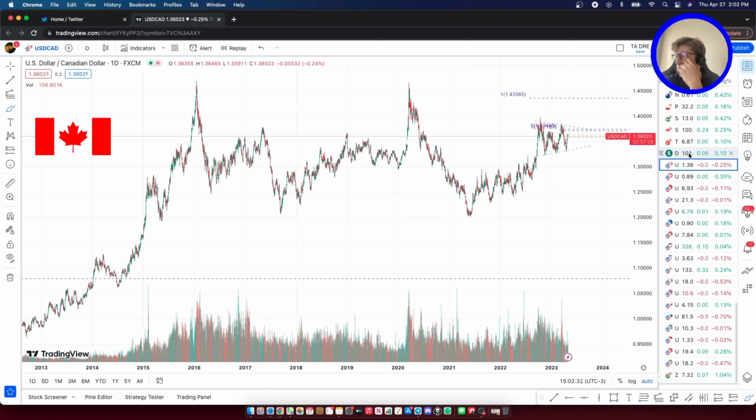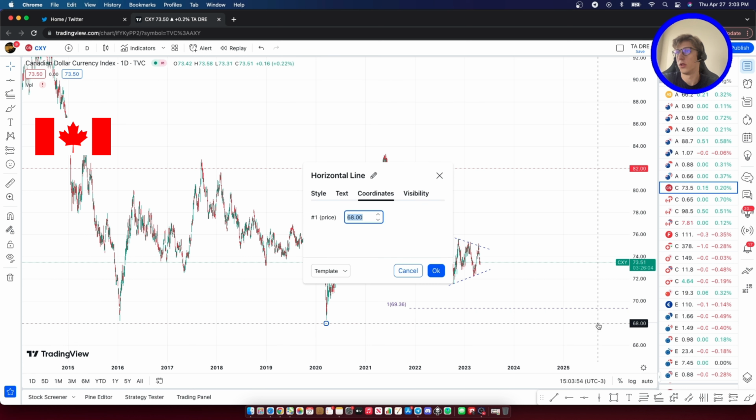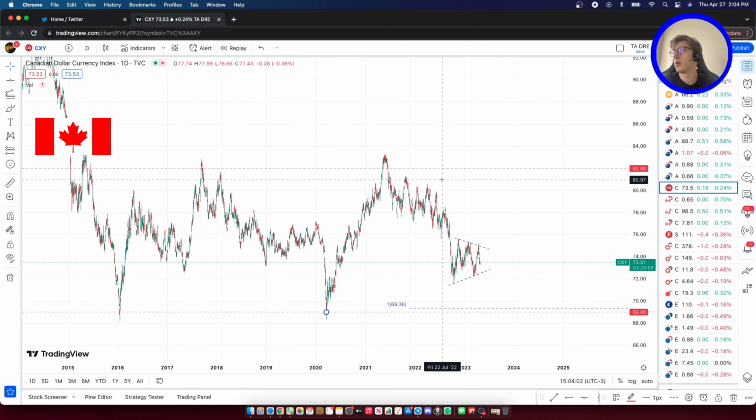If we look at the Canadian dollar basket on its own, we've been in this box since 2016 on the Canadian currency index. The lows are about 70, I would say. Maybe we can change that to 69. And then we got the highs of 82.